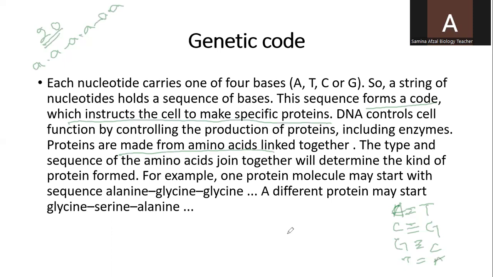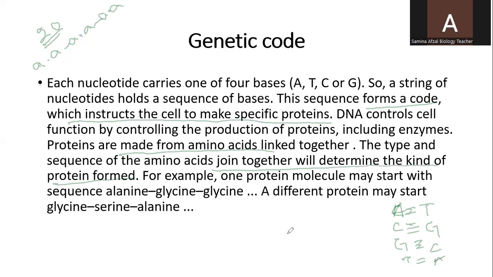The sequence of amino acids joined together determines the kind of protein formed. You know that these 20 different amino acids make the different types of proteins.